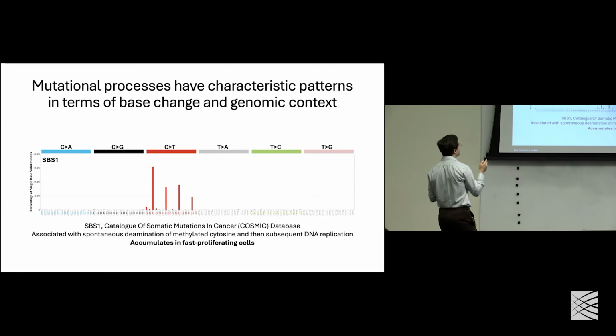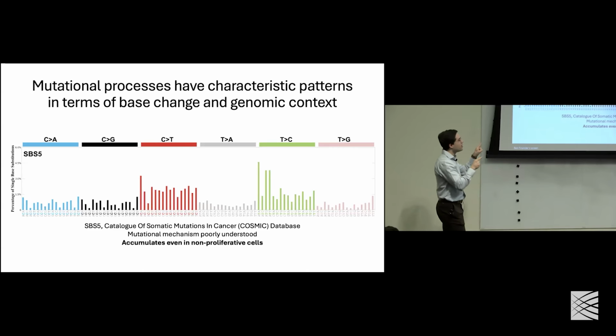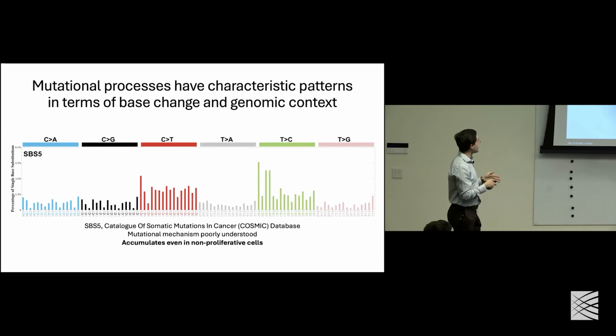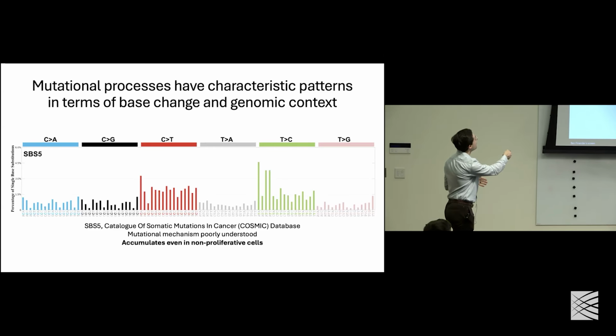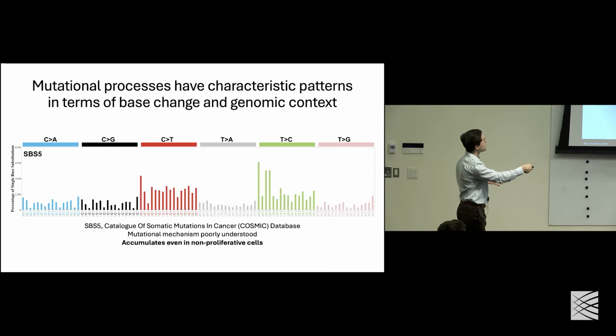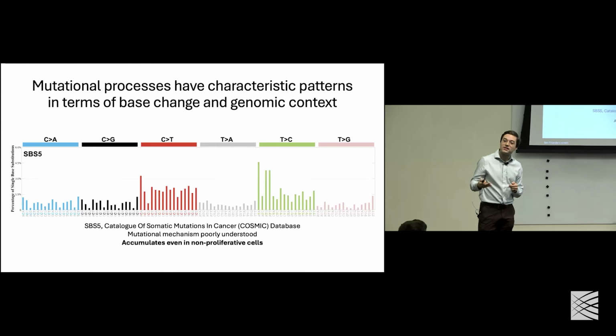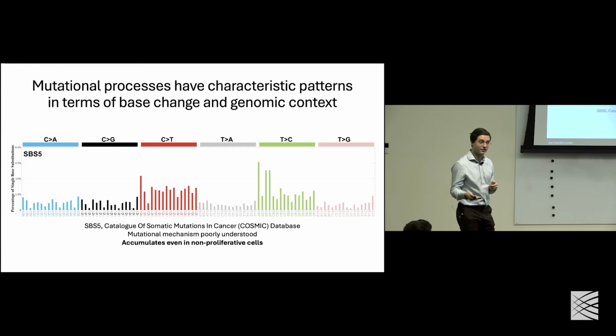By contrast, I'm going to tell you about just one other SBS signature called SBS5. So this signature, we see it's a little bit more balanced across all the different groups. This mutational mechanism is not currently well understood, but we see that it accumulates even in cells that are done dividing.